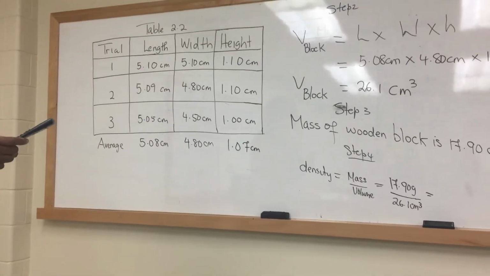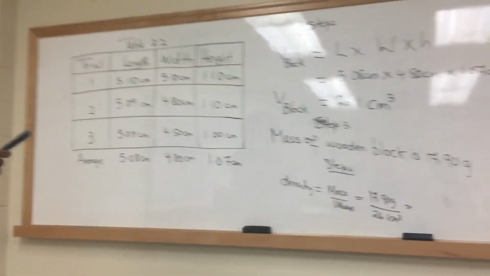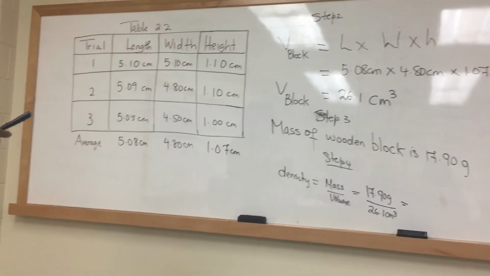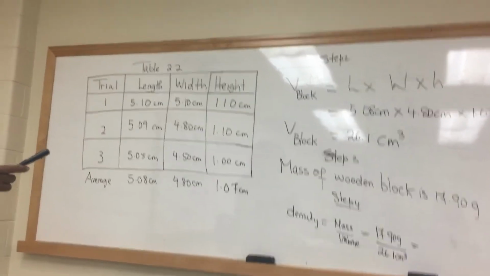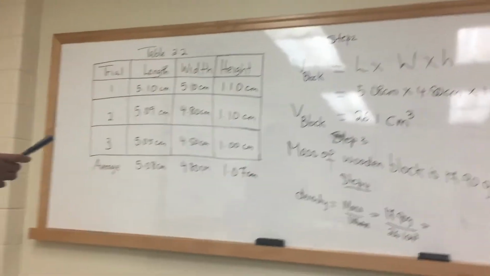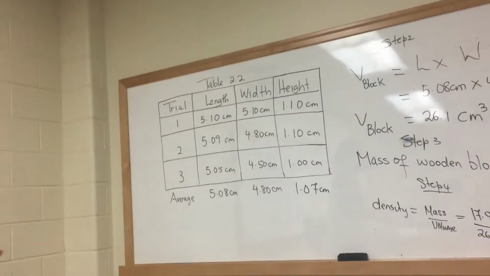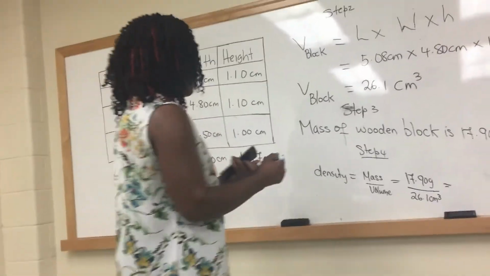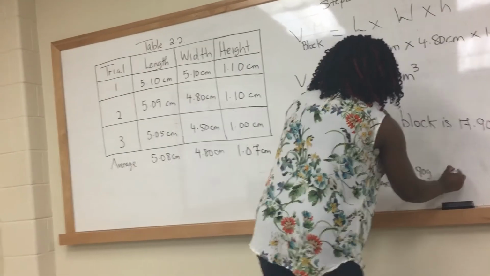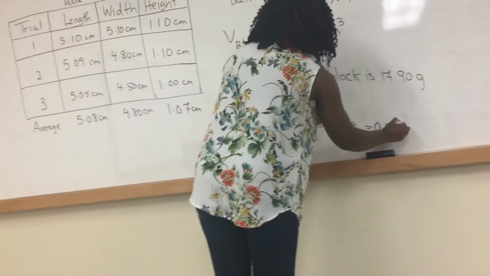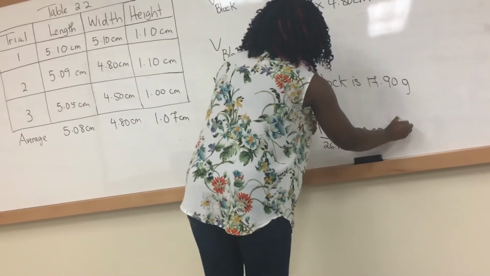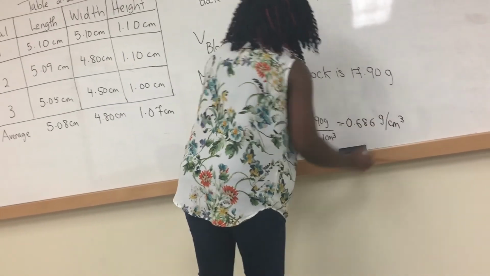So we're dividing 17.90 by 26.1, and that gives us 0.686 grams per cubic centimeter.